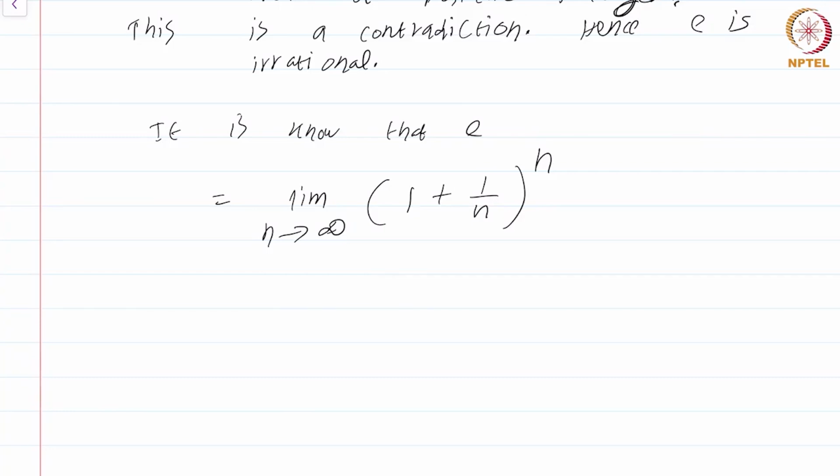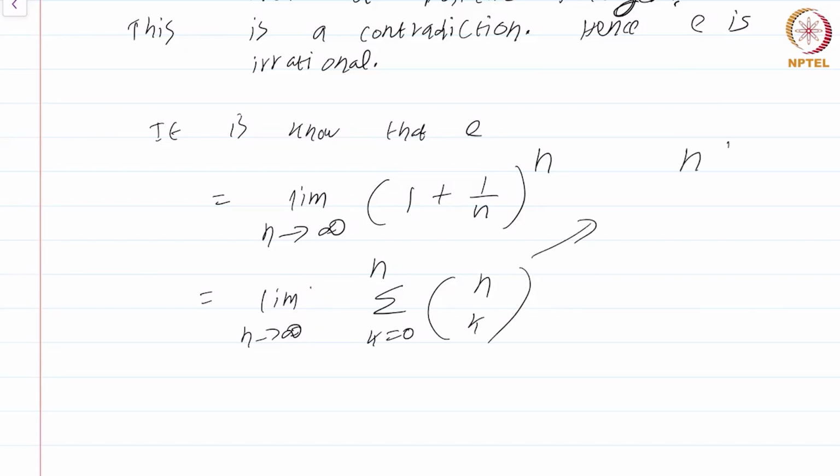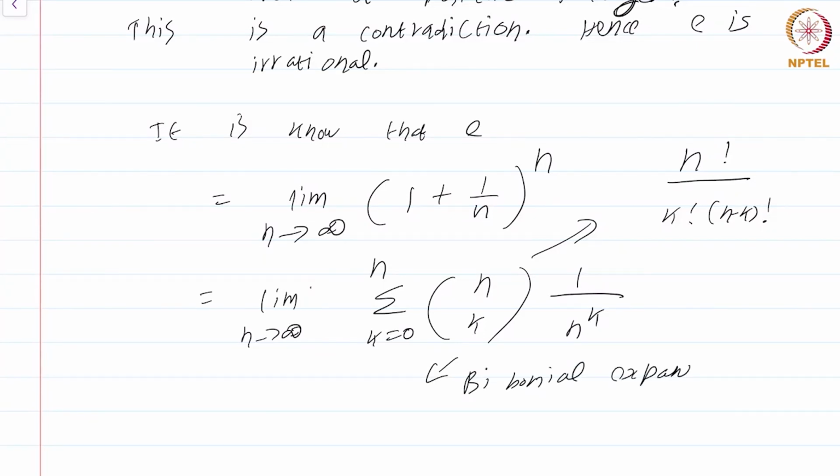Well, this is nothing but the limit as n goes to infinity of the summation k running from 0 to n of n choose k. This is n choose k, okay, this is n factorial by k factorial into n minus k factorial, times 1 by n power k. Okay, this is just the binomial expansion. I'm just using the familiar binomial expansion, writing out what 1 plus 1 by n the whole power n is.